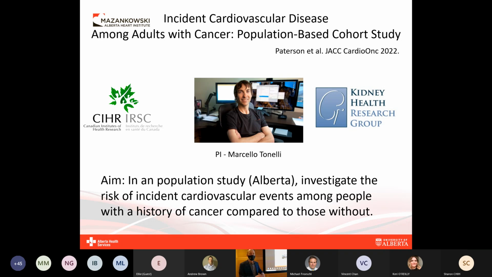We decided to look at the province of Alberta and ask what is the actual risk of cancer survivors developing heart failure, but also other cardiovascular disease, MI, and stroke. We wanted a global view of the risk for these patients. This study actually just came out a couple weeks ago in JACC Cardio-Oncology.